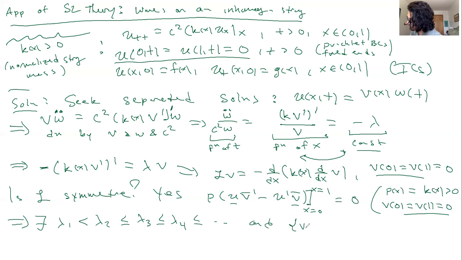And v_n of x, n equals 1 to infinity, is a complete orthonormal set, okay? Great. We can even check whether lambda 1 is greater than 0, as we should expect in this case.